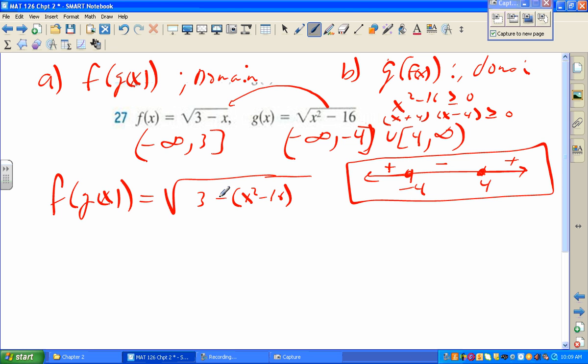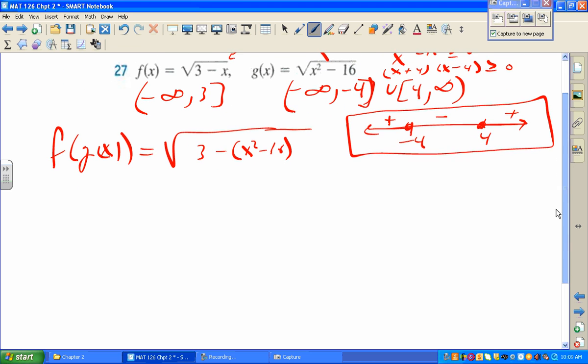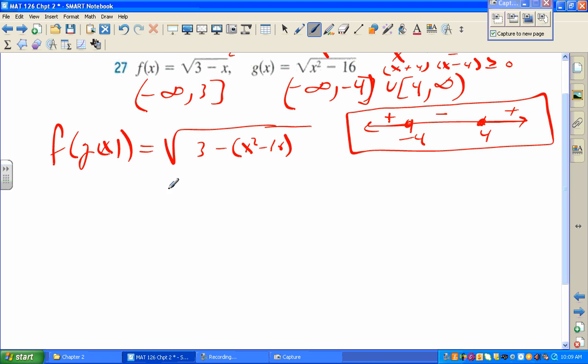And the fact that I have a 3 right here also adds to it. So, in fact, 3 minus x squared minus 16. So, is it plus? Well, now that you add the parentheses, it is. I'm not done.